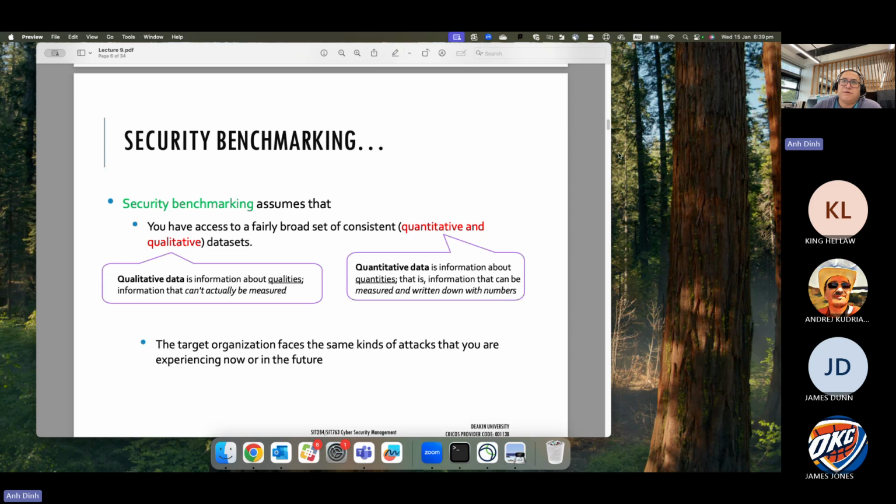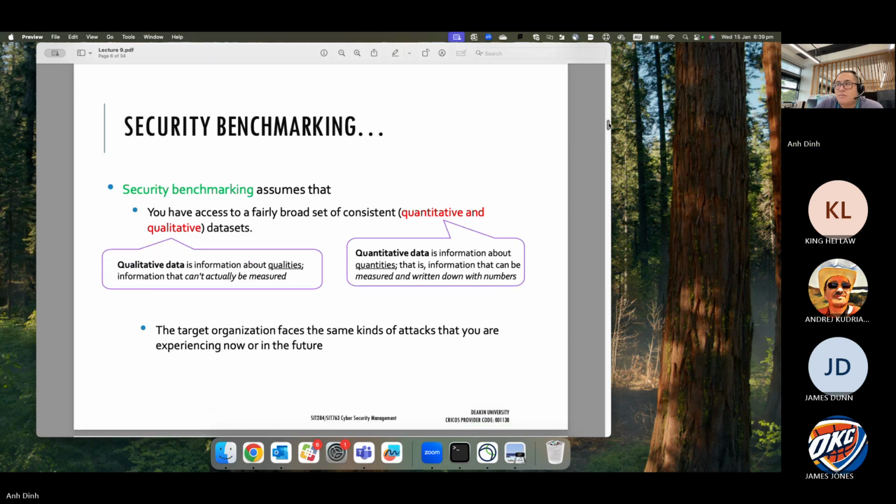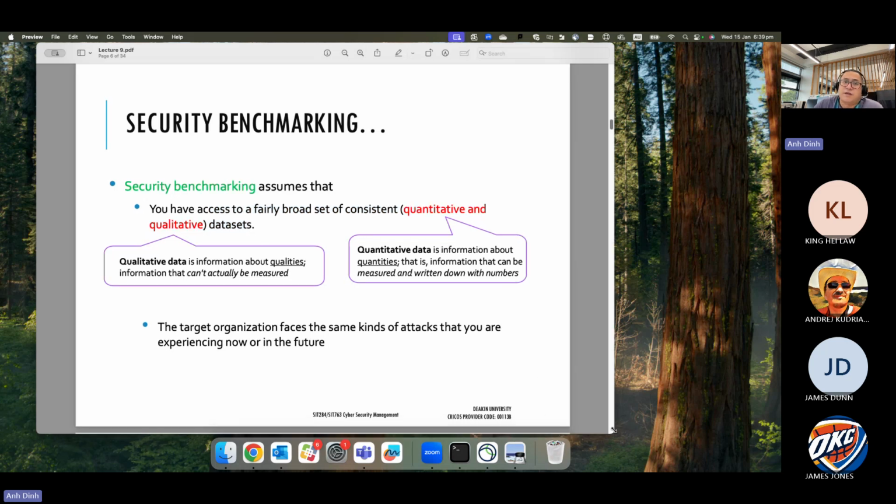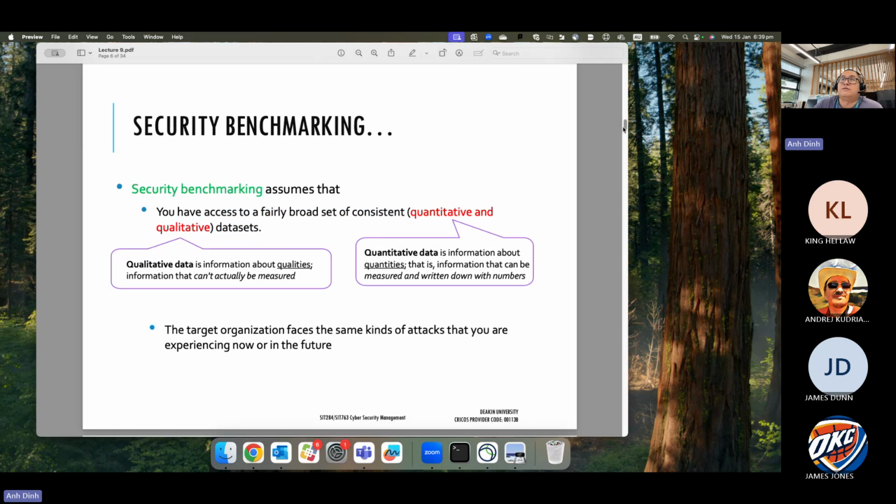Those are very sensitive, and by sharing them with competitors, you give them advantages over you. They know more about the internal structure and the vulnerabilities, and they can use that to their business advantage, or use that to attack the organization.